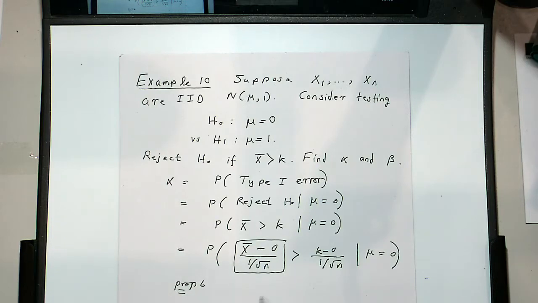you can see that this, conditional on the population mean being equal to 0, is standard normal greater than, this simplifies to root n times k.